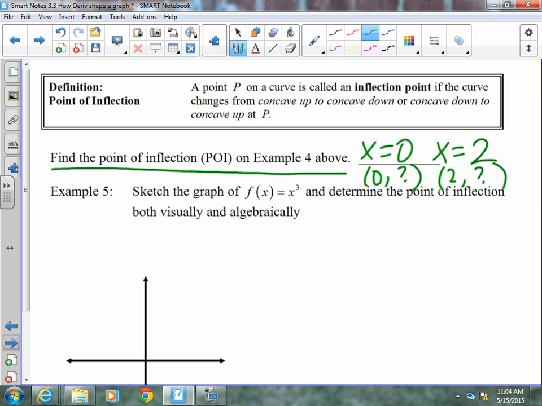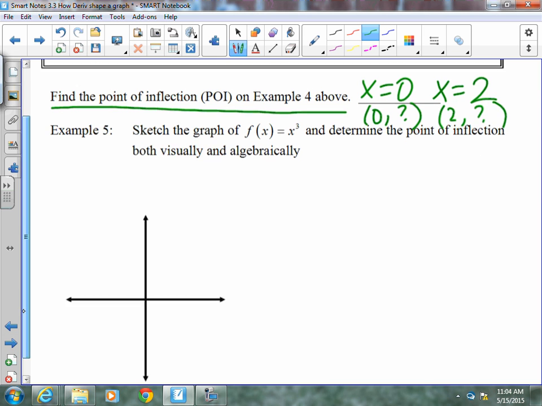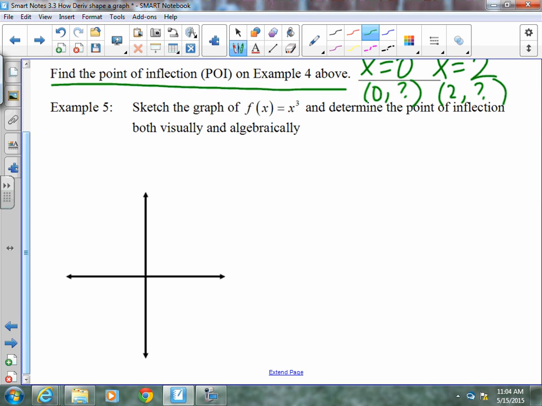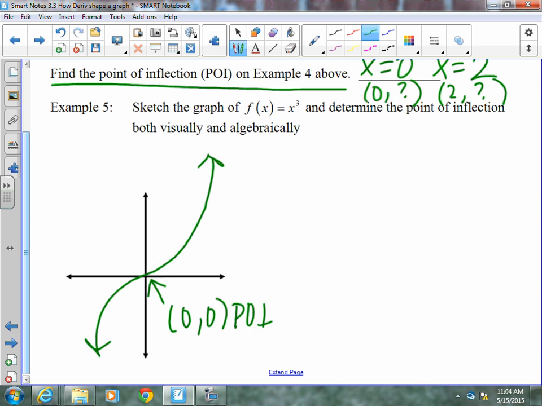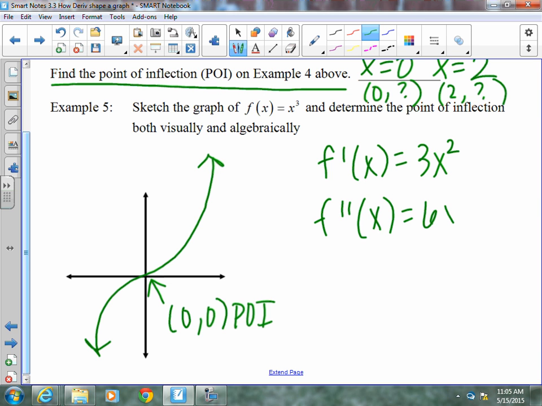So, graph f of x equals x cubed, we know what that looks like, or you should. Looks something like this. Where does it appear to have a point of inflection? Well, at 0, 0, we think is our point of inflection, which we can abbreviate by POI. Algebraically, we need the second derivative set equal to 0, so we get our critical value of 0.